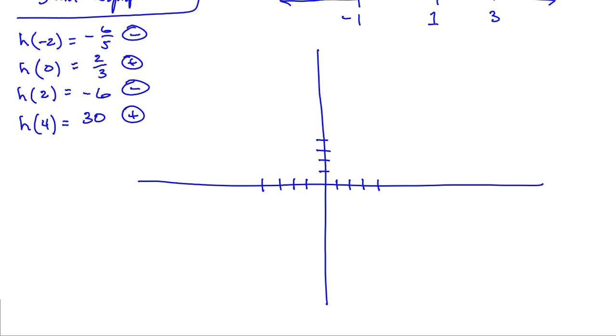Let me draw the asymptotes first. We have an asymptote at x equals 3. I'm going to draw this in green. Next, we have a slant asymptote on the line y equals 2x plus 6.